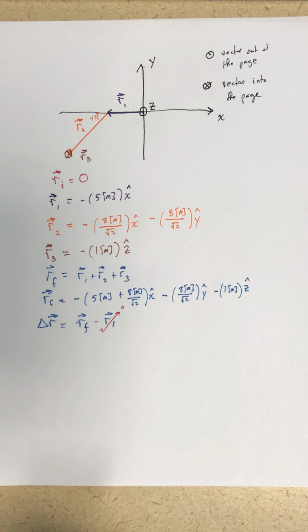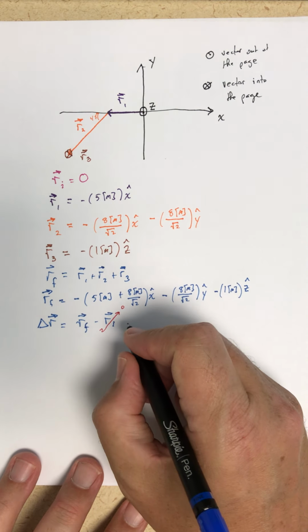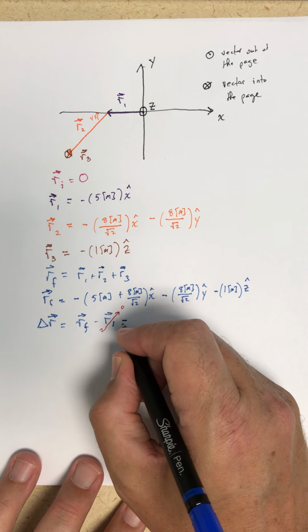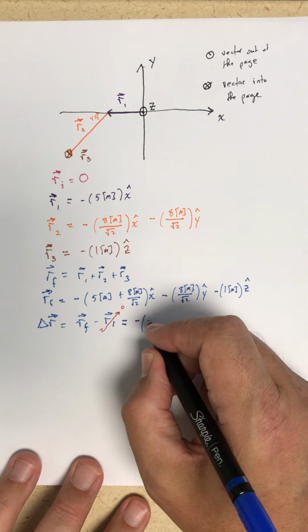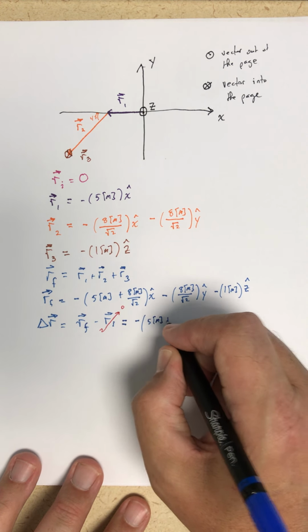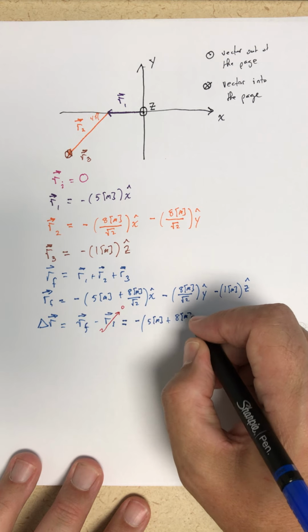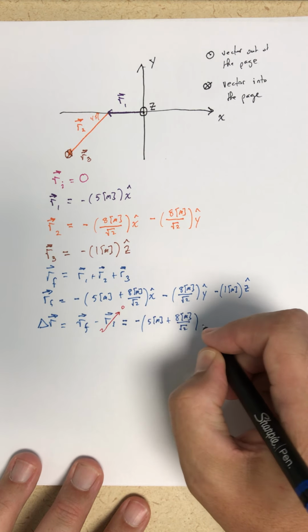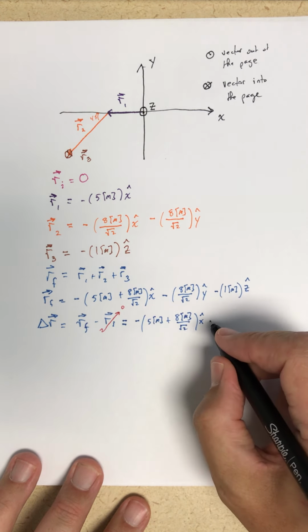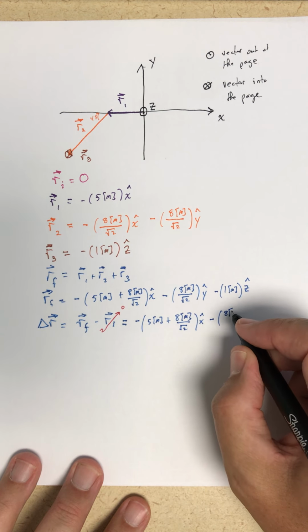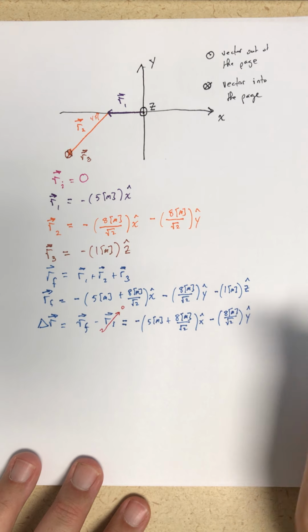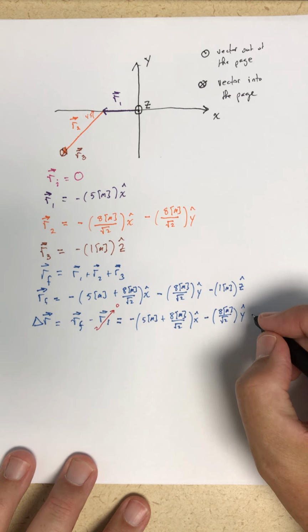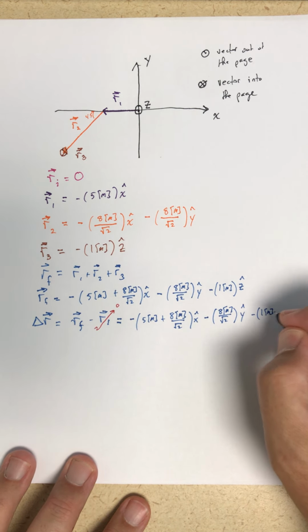And our displacement vector is the same as the final position vector, but I'll write that out just for completeness. Minus the quantity 5 meters plus 8 meters over root 2 relative to the x direction, minus 8 meters over root 2 relative to the y direction, and then minus 1 meter relative to the z direction.